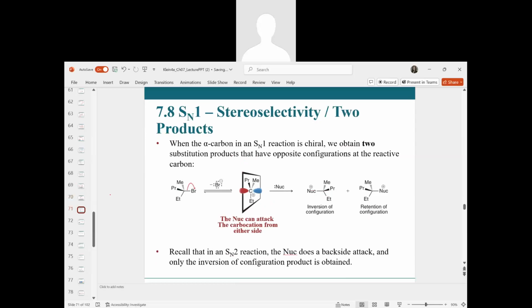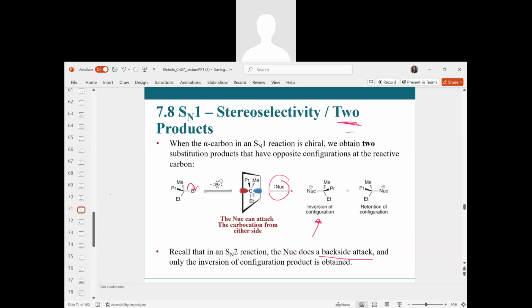So speaking of stereoselectivity, these last two slides will comment on that. We're going to generate two products, and we will have a slight preference for inversion of configuration if we have a chiral center, because what we see here is after loss of this leaving group, our nucleophile is more likely to attack from the back side than the front side.